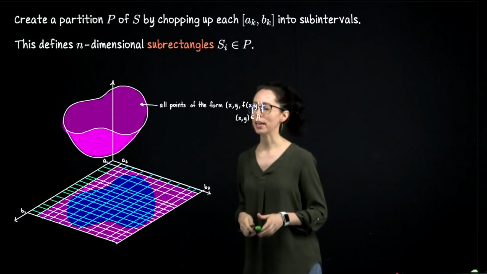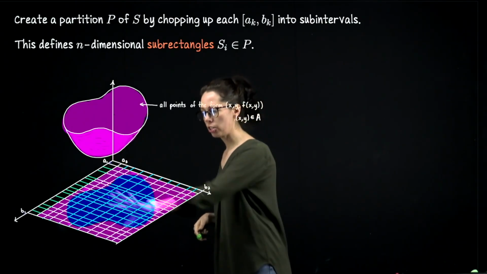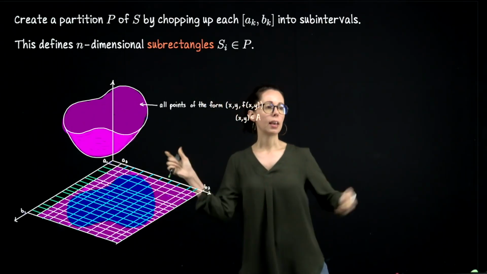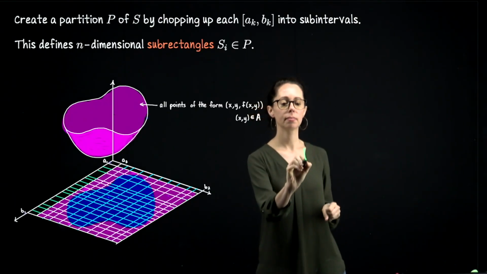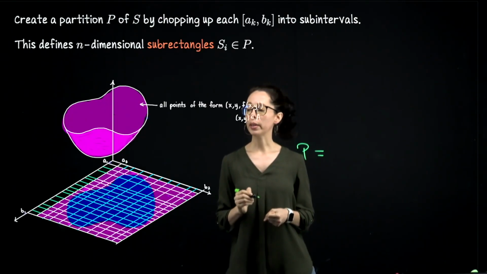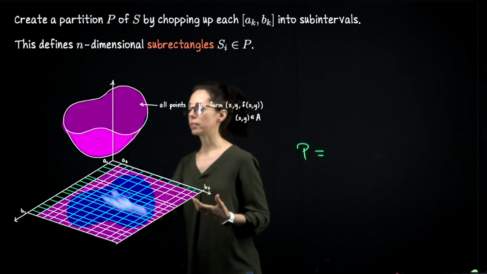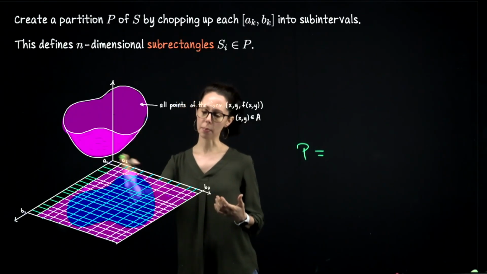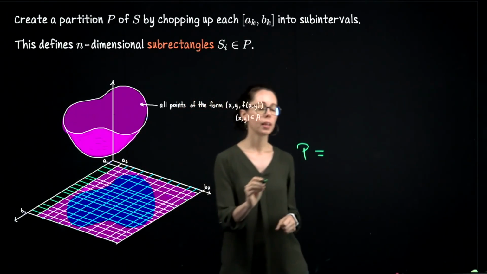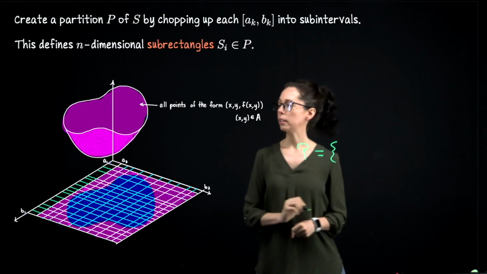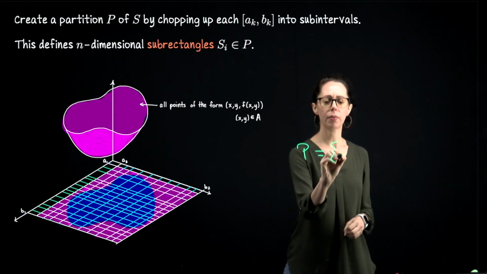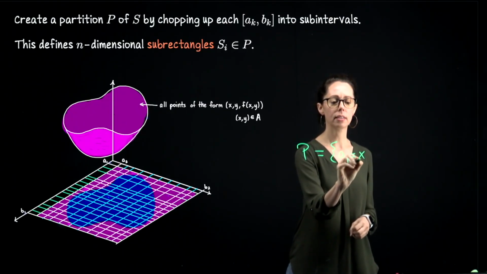Let me take a moment just to tell you how to write a notation for this partition. If this partition was named P, then what we could say is it is the Cartesian product of a partition along the x-axis and a partition along the y-axis. So you could literally say, let me write it as A1 equals x naught.